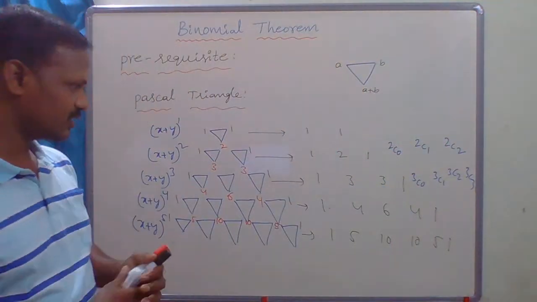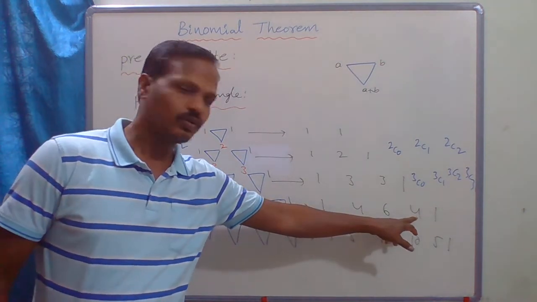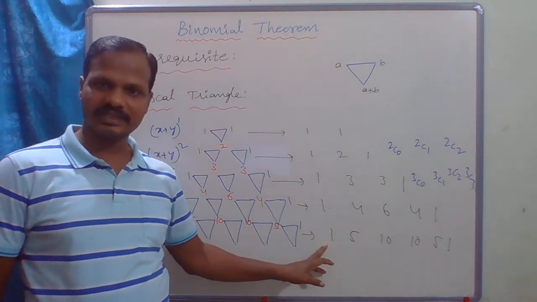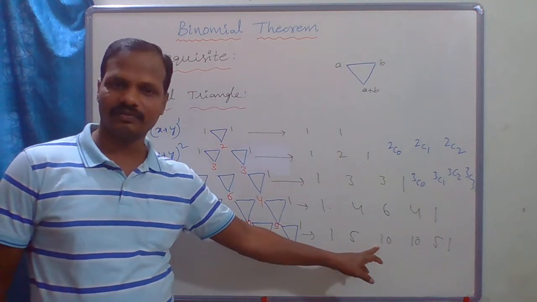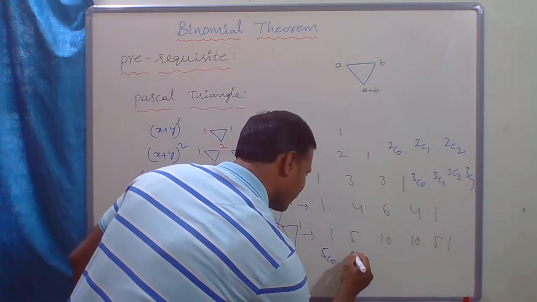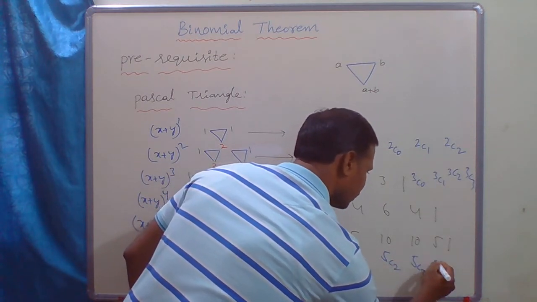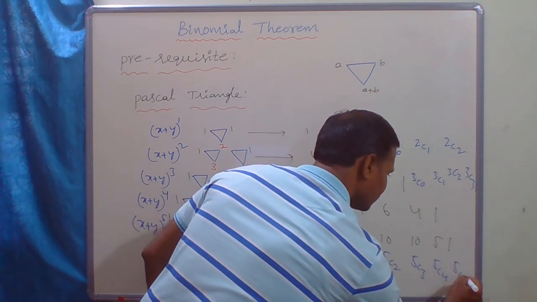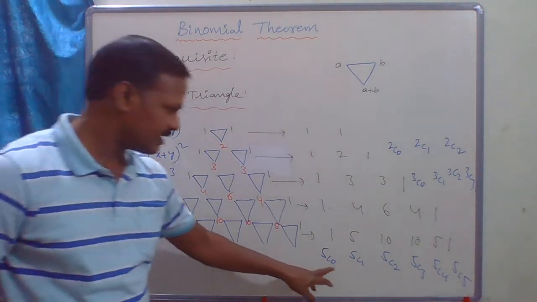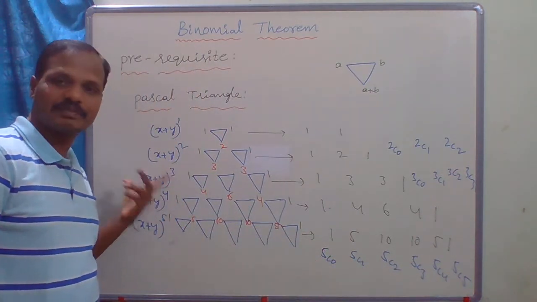Next 4C0, 4C1, 4C2, 4C3, 4C4. Next this is 5C0, 5C1, 5C2, 5C3, 5C4, 5C5. Clear? So these terms are the coefficients of the terms in this expansion.